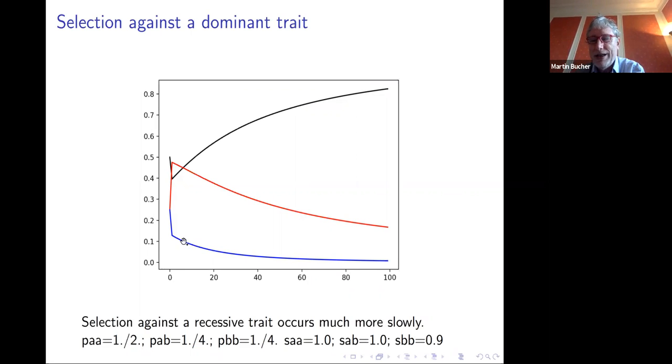So this is the rate at which the allele is disappearing, which is very slowly. So mixing in genetics and sexual reproduction tends to make recessive traits go down in prevalence, but then there's a very long tail.